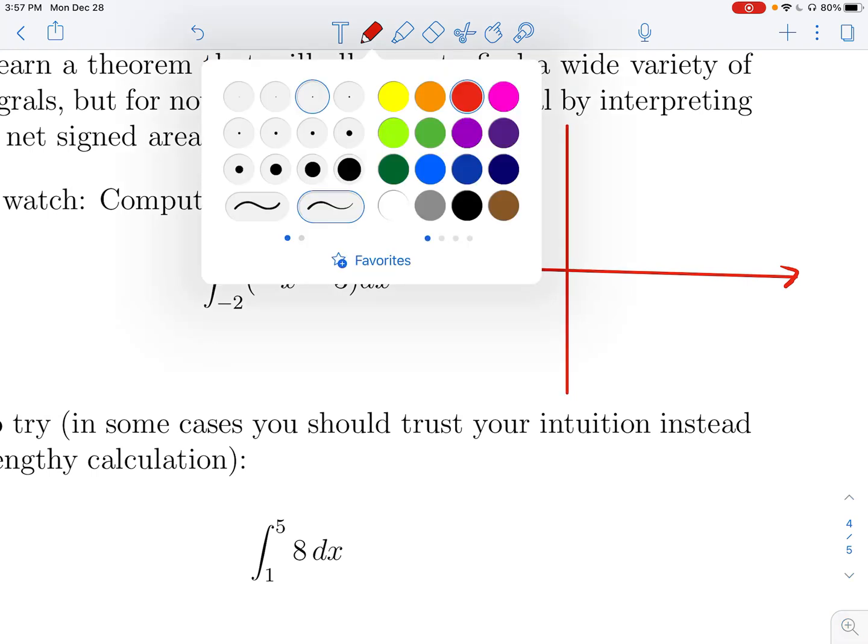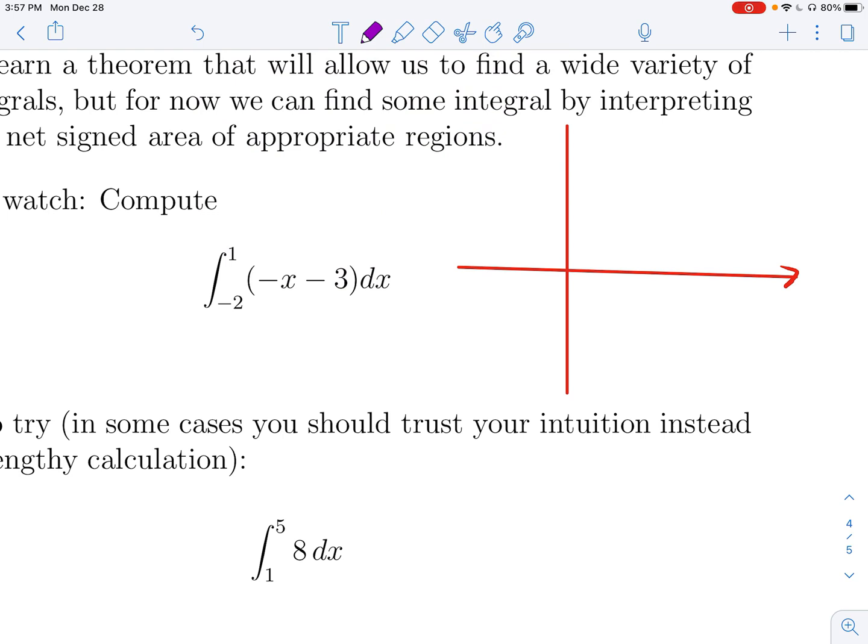So y equals negative x minus 3 looks something like so. It has an x-intercept at -3, it has a y-intercept at -3. Here's -2 and here's 1.